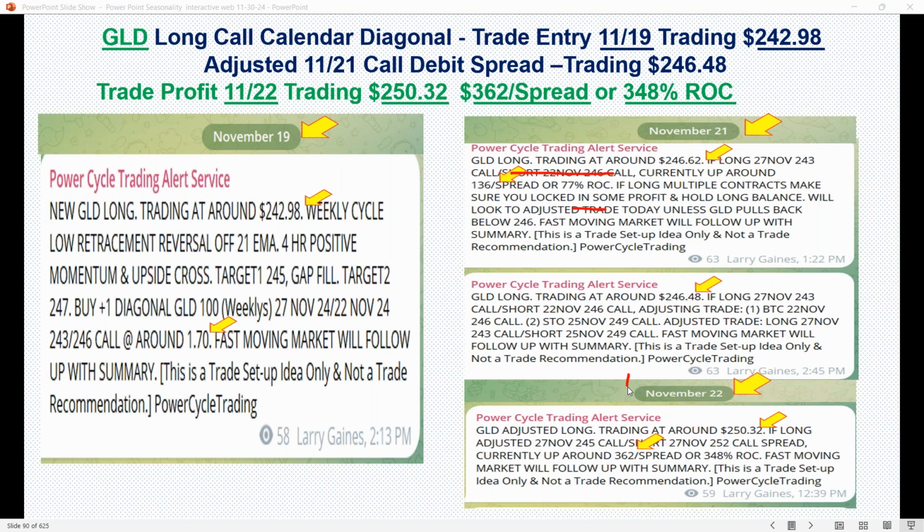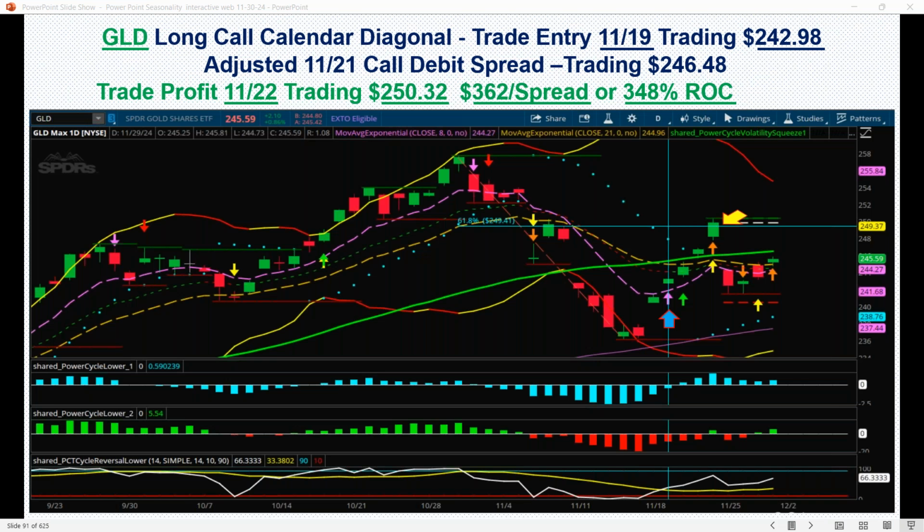And then here was the 22nd. Adjusted long, trading at 250.32. The adjusted trade is currently at around 362 per spread, 348% return. I'm constantly updating these things for you so you know what's going on. And here was the trade setup, got in right there.